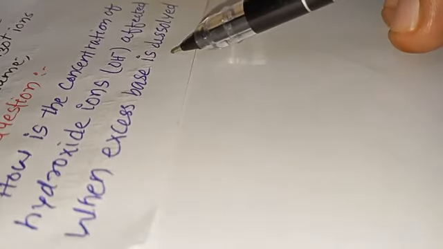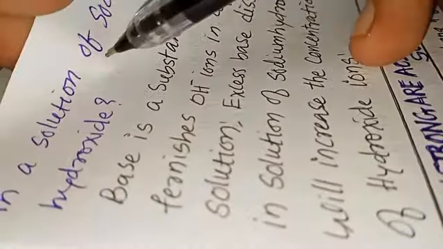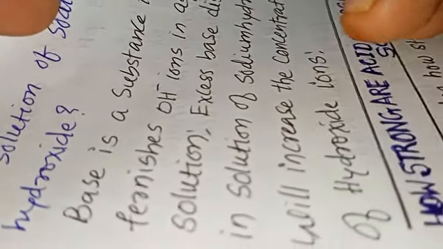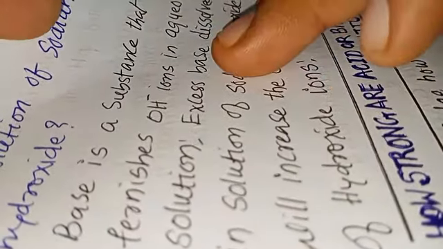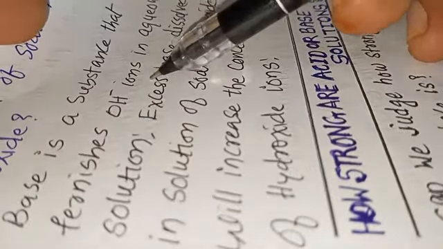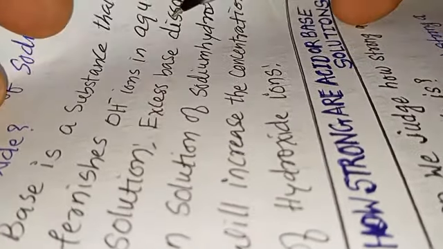Now one more in-text question. How is the concentration of hydroxide ions affected when excess base is dissolved in a solution of sodium hydroxide? Now we need to study what happens if we add extra sodium hydroxide into the sodium hydroxide solution. A base is a substance that furnishes OH minus ions in aqueous solution.